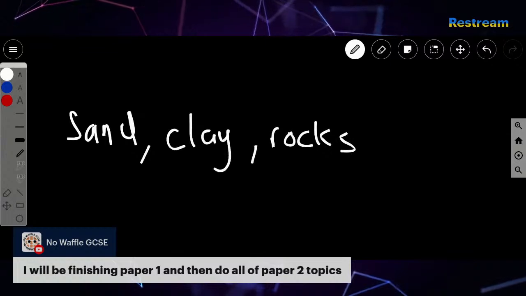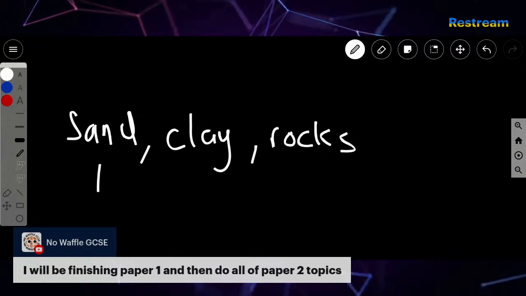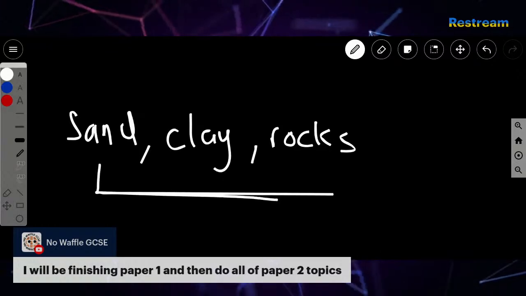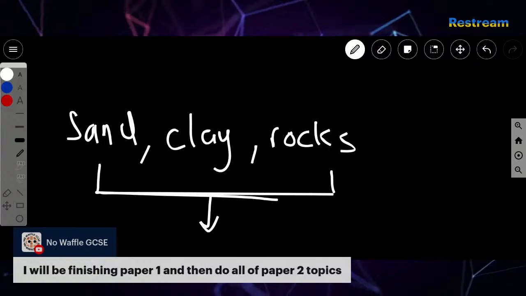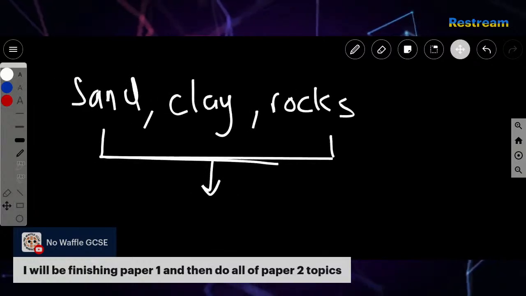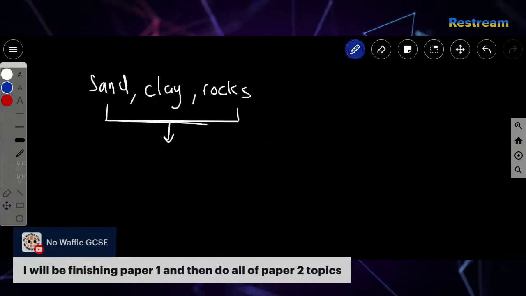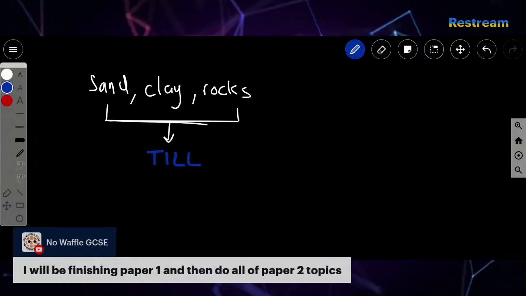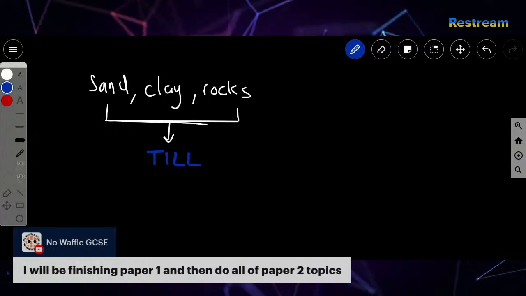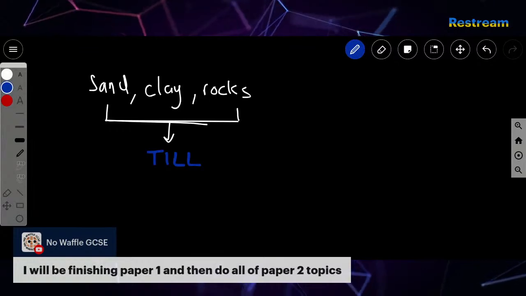This is called transportation. Now, the unsorted mix of sand, clay, and rocks, so everything that a glacier holds and moves around, this is what is called the till. So we say glacial till is the way around.